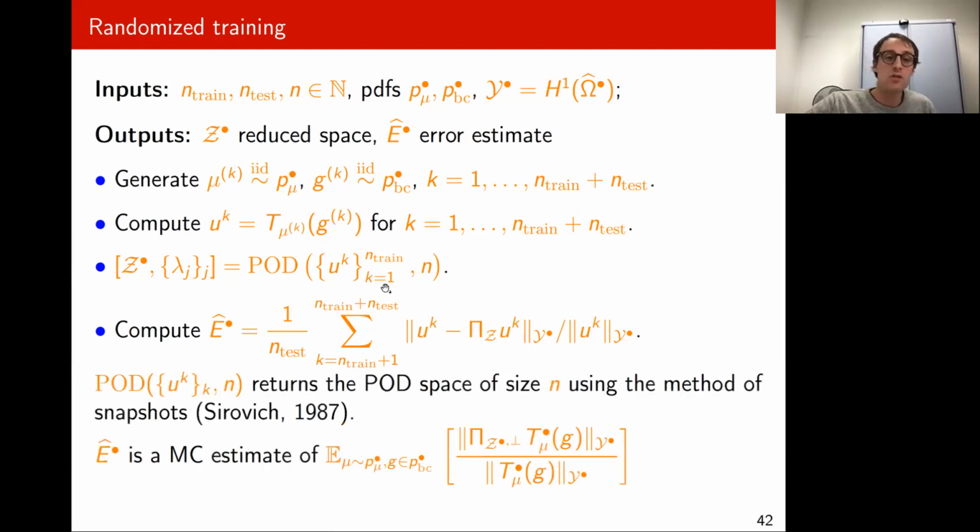And if you wish, we can use out-of-sample configuration to test the performance of our approximation to see if you have to consider additional parameters or not, additional samples or not to perform a POD. Okay. But again, this measure is related to the particular sampling distribution that we consider, okay, which is user-defined.